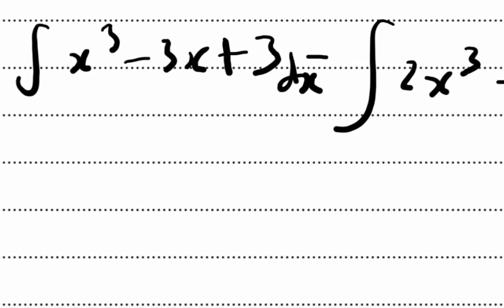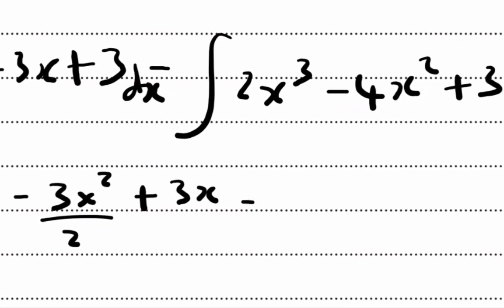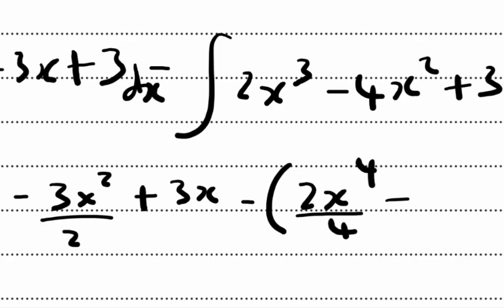For integration, we're adding 1 to the power and dividing by the new power. So x to the power 4 over 4 minus 3x squared over 2 plus 3x minus this 2x to the power 4 now over 4 minus 4x to the power 3 over the new power, that's 3 plus 3x.